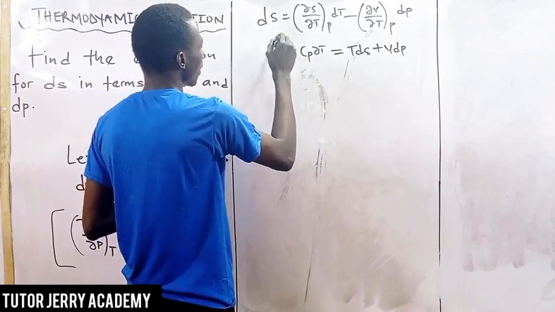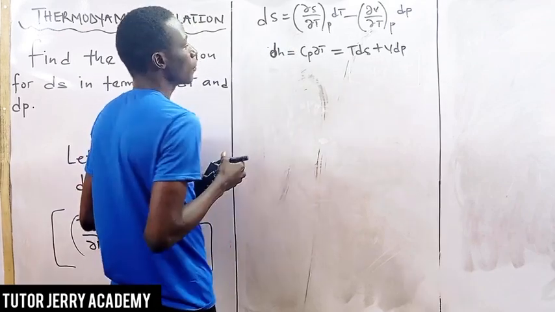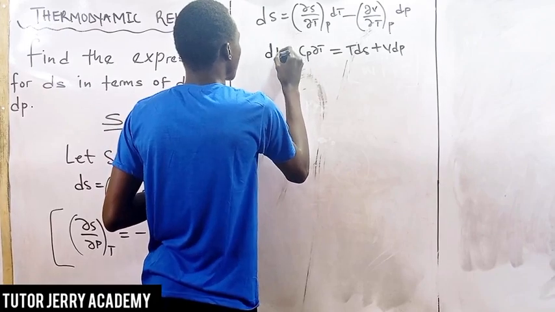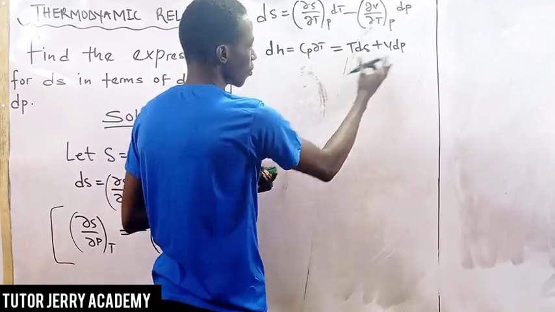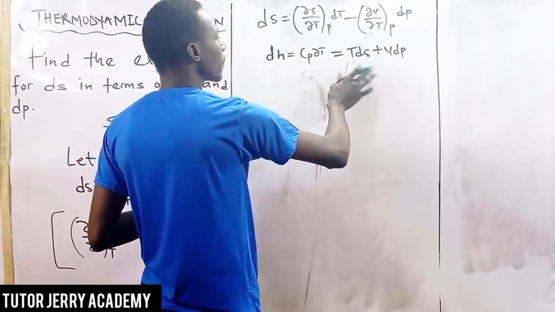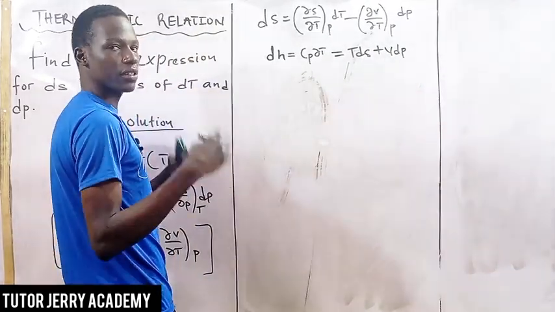This is not a partial derivative. This is dH, the change in enthalpy, and it is equal to both of these. So from here, we can divide through this equation by dT.